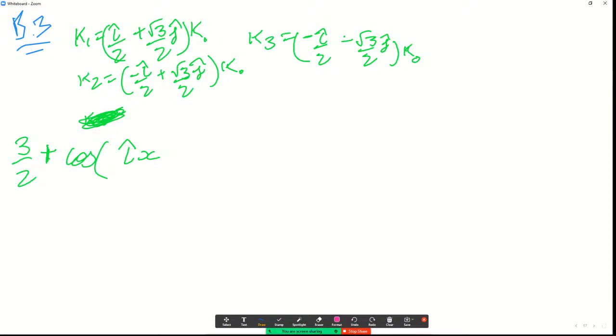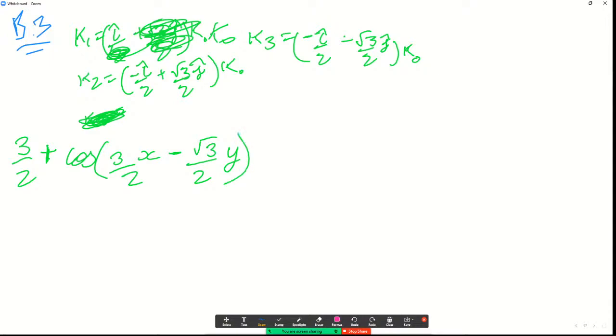Wait, this is I only. So this is 3I over 2 x minus root 3 by 2y, and after taking it I can eliminate, and I am ignoring the constants k and all that.